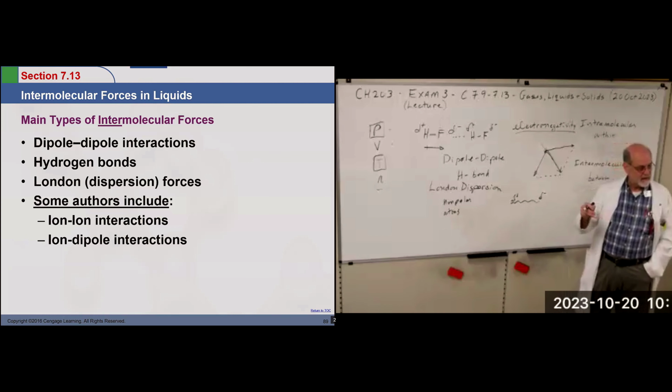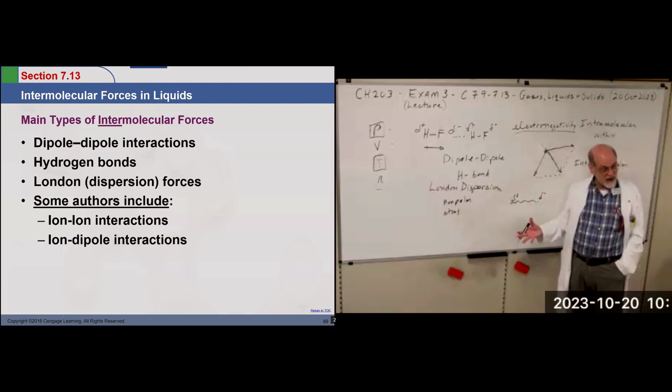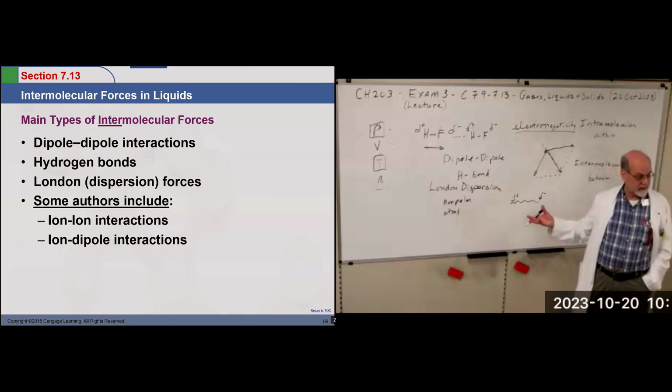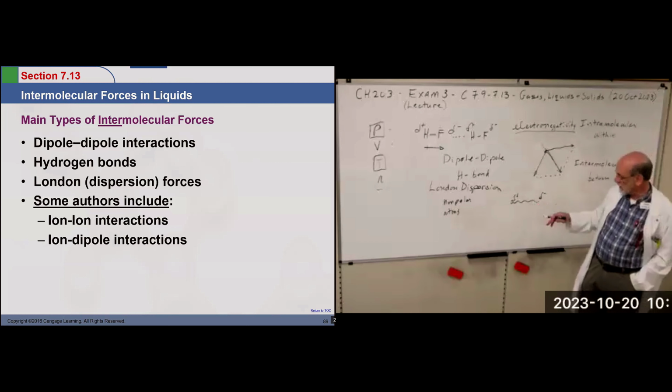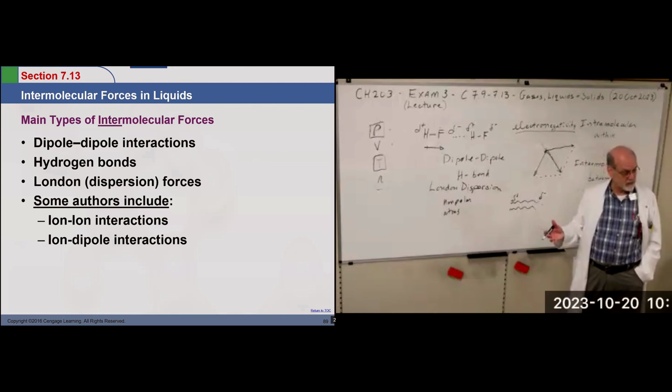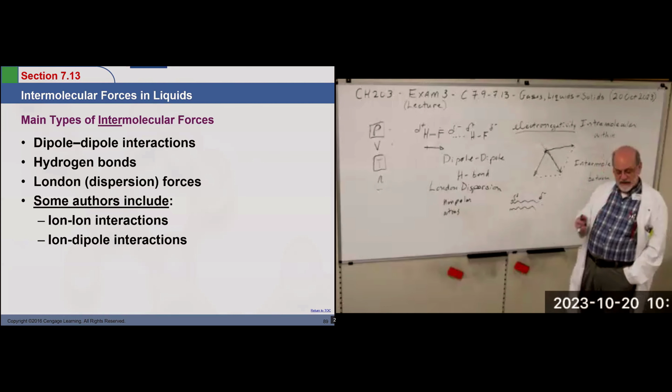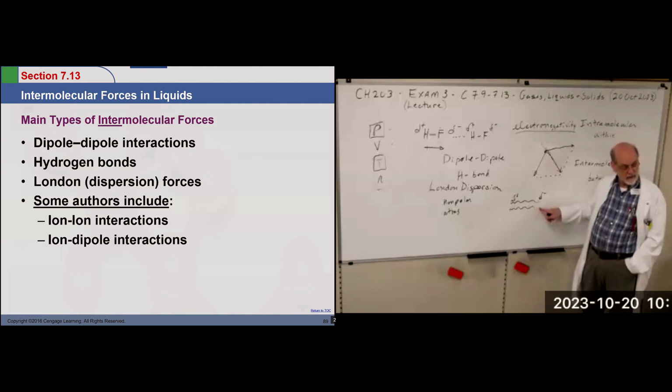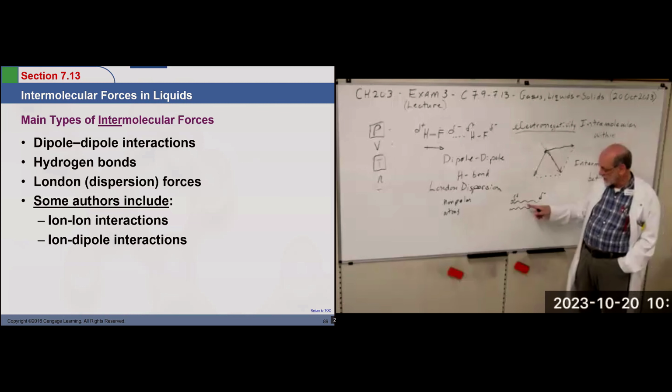So how does that affect attractive forces? That's what we're really interested in. Well, if this molecule has a neighbor of the same molecule, then this negative is going to push on electrons, push them away from this side, and this side's going to attract them.